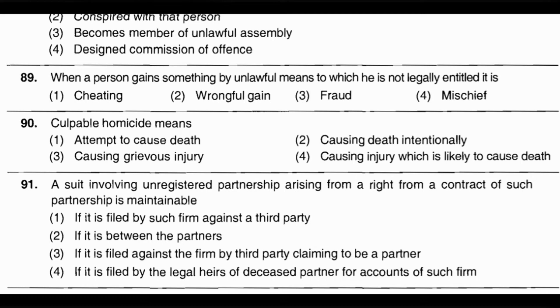Option number 3, if it is filed against the firm by third party claiming to be a partner. Option number 4, if it is filed by the legal heirs of deceased partner for accounts of such firm. And the correct answer is option number 4, that is if it is filed by the legal heirs of the deceased partner for accounts of such firm.